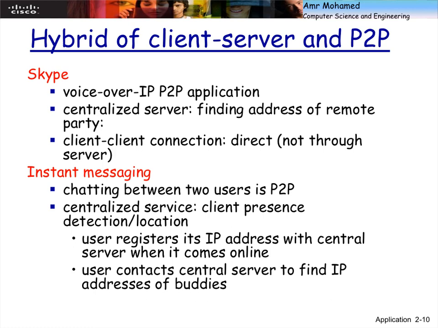If I'm interested in any of this content, then I can communicate with this peer. Or if multiple peers have the same file, then I can communicate with all of them or any of them. So as we can imagine, many of the current services on the internet use this hybrid of client-server and peer-to-peer.